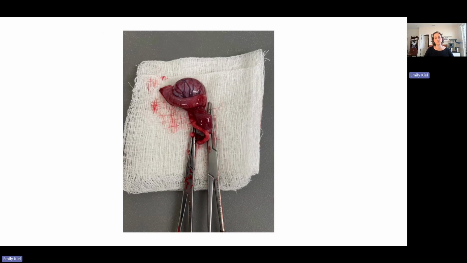And then you also document when it's removed, because you don't want things like that left behind, or people wondering what happened. So this was part of that documentation, but a great image of here is the testicle itself. Now it is smaller than a typical testicle. And then this is your epididymis.